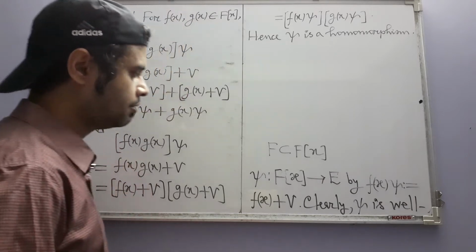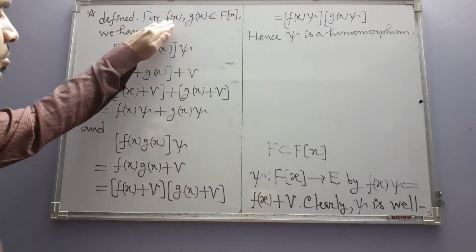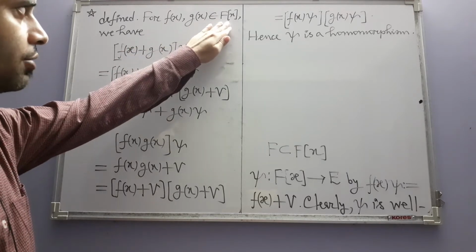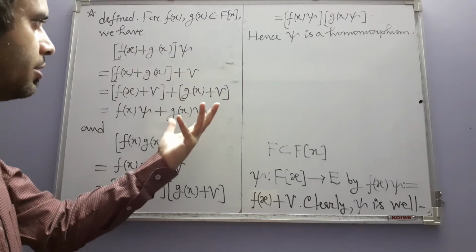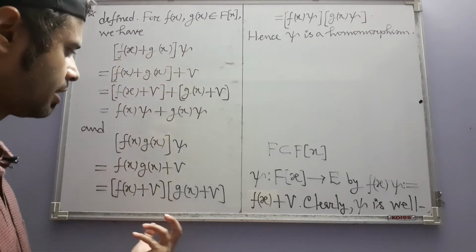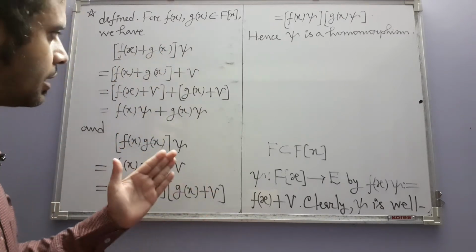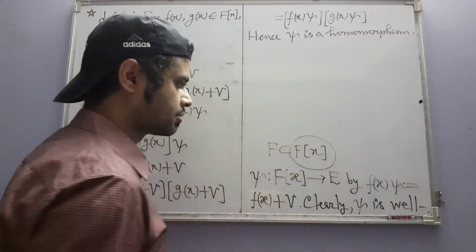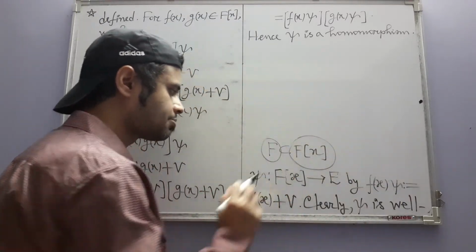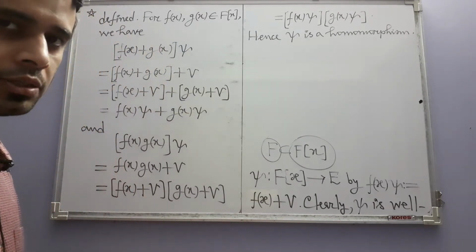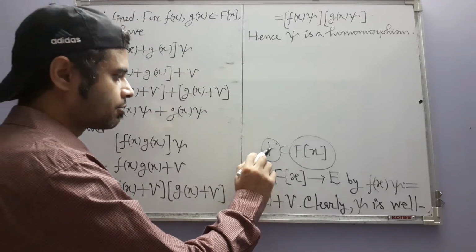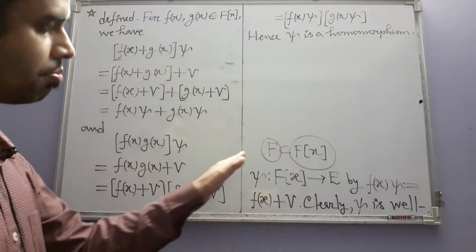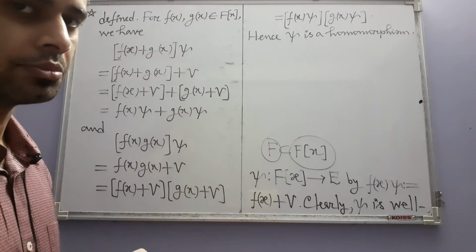Do you see why? Whatever elements you are taking from F[x], on those elements psi respects addition and multiplication throughout F[x]. So in this smaller subset also psi will respect addition and multiplication. If you take an element from this smaller subset, these are also polynomials, constant polynomials.